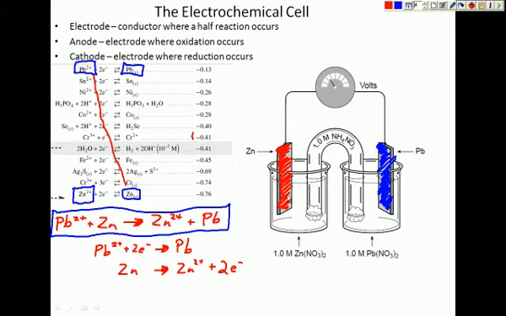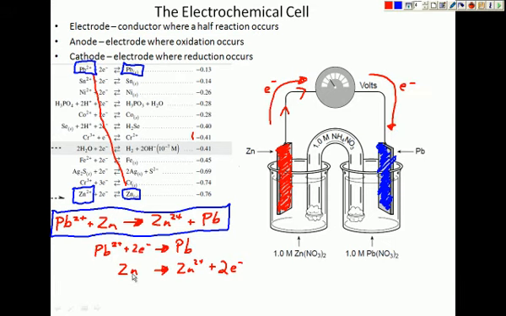So what we can say is that here's Zn right here. It's losing 2 electrons. So the 2 electrons are going through this wire, transferring down and going into Pb.